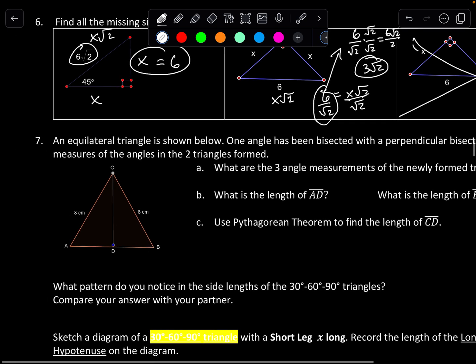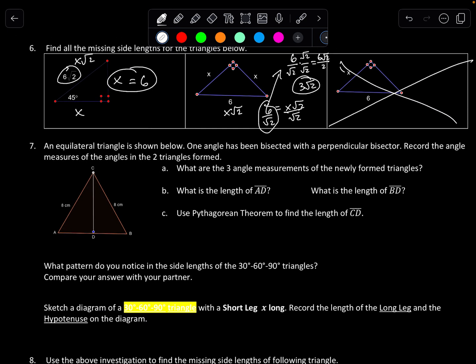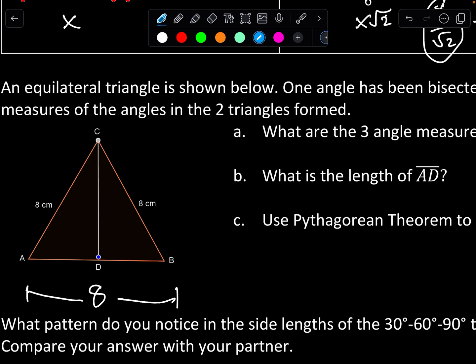This is where it gets fun. We got an equilateral triangle below. So if this is an equilateral triangle, that means this is 8, and this whole length right here is also 8. Okay? Now, one angle has been bisected with a perpendicular bisector. Bisect means to cut into 2 equal pieces, and a perpendicular bisector means these are right angles right here.